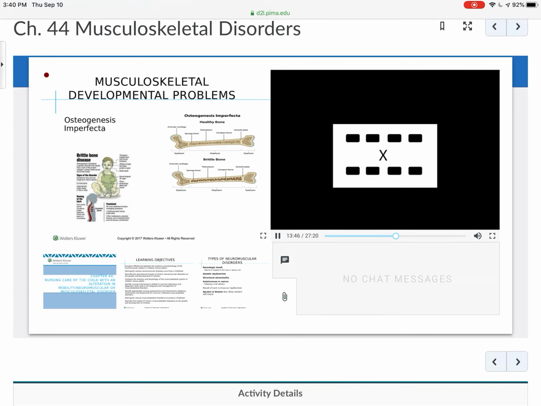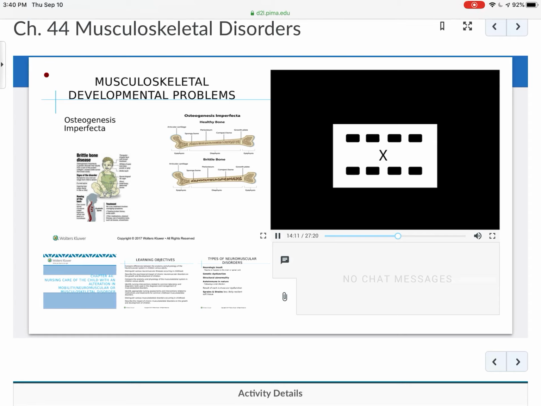And a common finding is blue-gray sclera. Newborns sometimes have that anyway, so just be careful that you're not accusing or letting them know that they have this, because it could just be that newborn sclera, so you want to wait a little while. You can see a healthy bone, and then you can see the brittle bone.